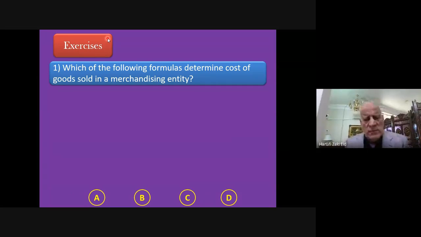Let us see now some of the exercises. Question number 1. Which of the following formulas determines cost of goods sold in a merchandising entity? Merchandising firm.